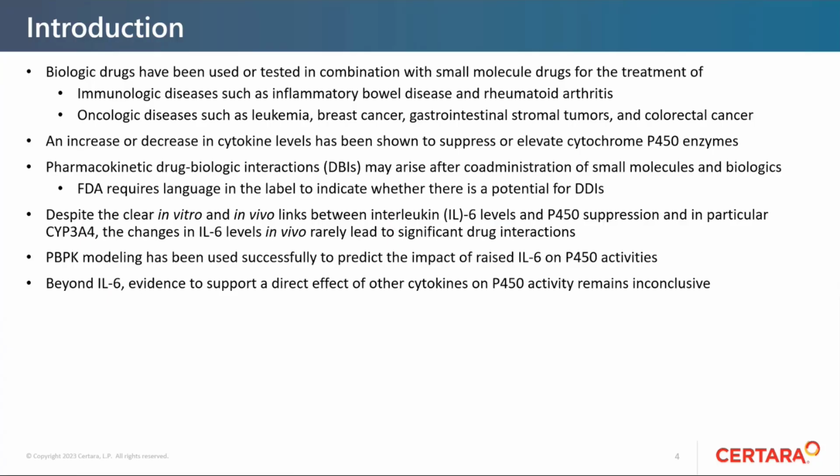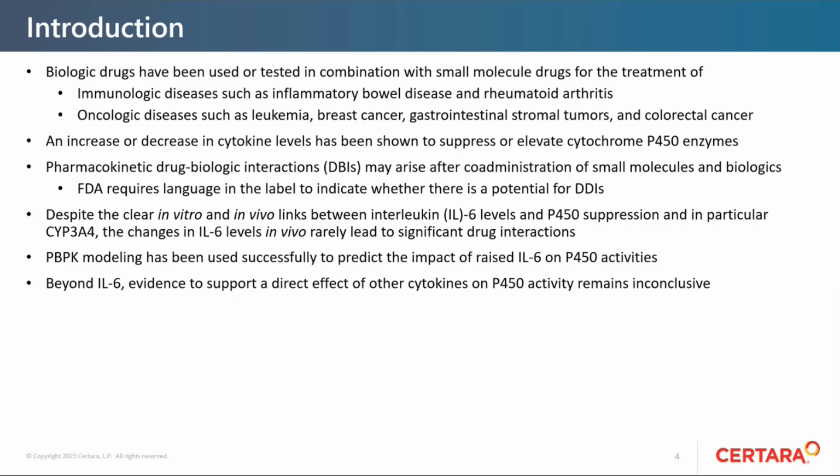I'll begin the presentation with a little bit of introduction. So why do we care about biologic and drug interactions? Biologic drugs have been used or proposed to be used with small molecule drugs for the treatment of different disease areas, in immunologic diseases and oncologic diseases such as rheumatoid arthritis or gastrointestinal colorectal cancers.